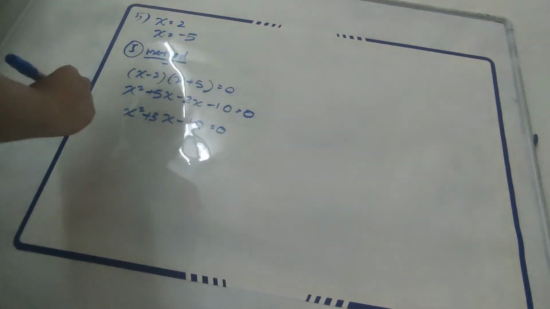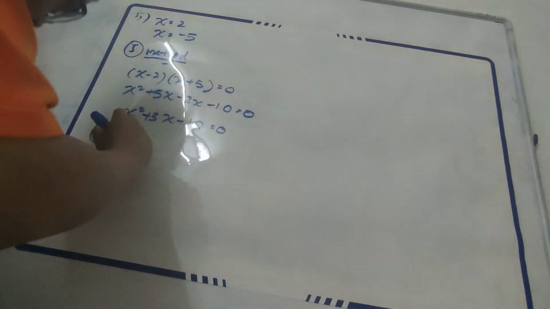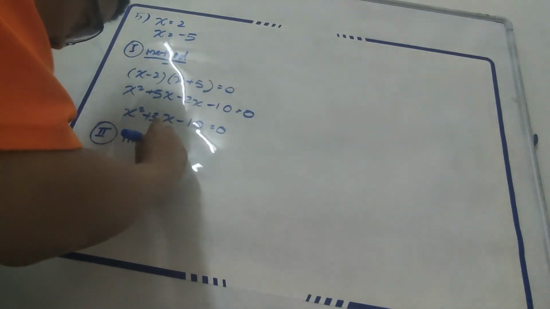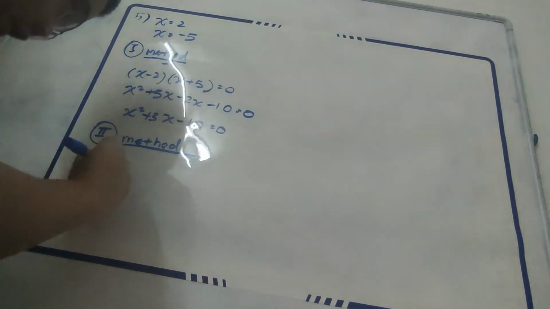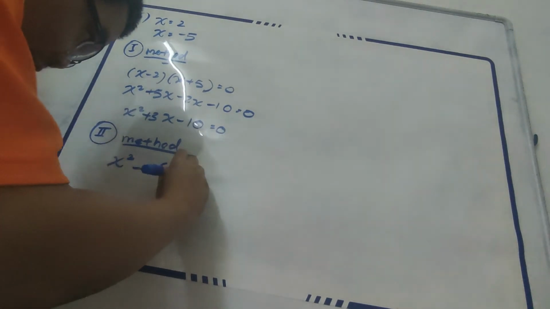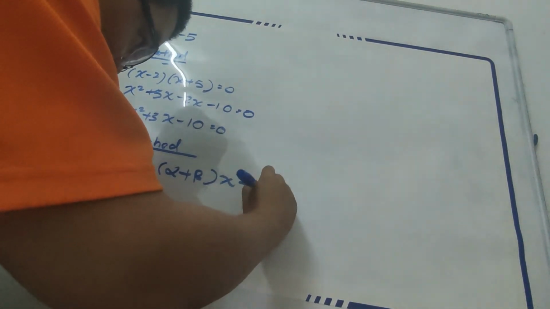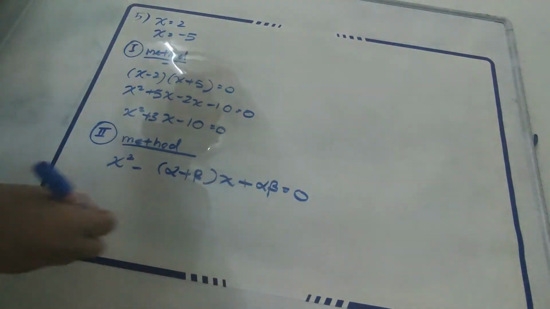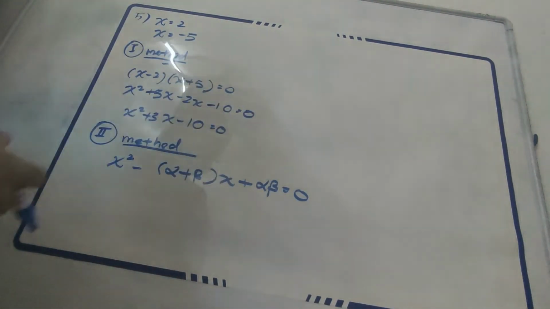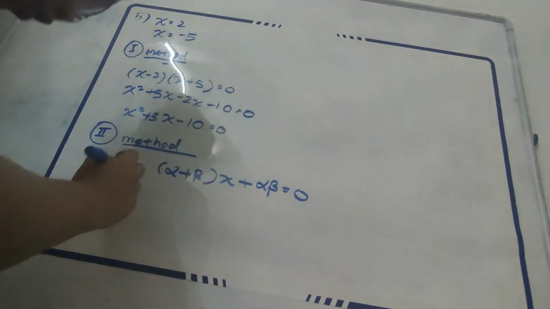For method number 2, just now what I said, use the product of the roots and sum of the roots. You have x squared minus alpha plus beta x plus alpha beta equals 0. Just now I already proved how this formula comes about.